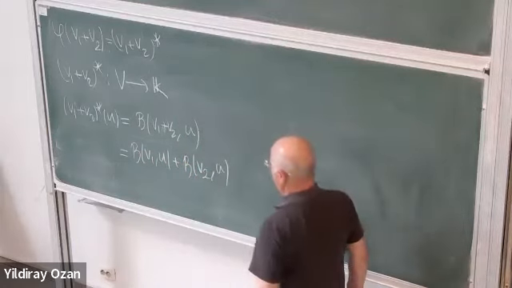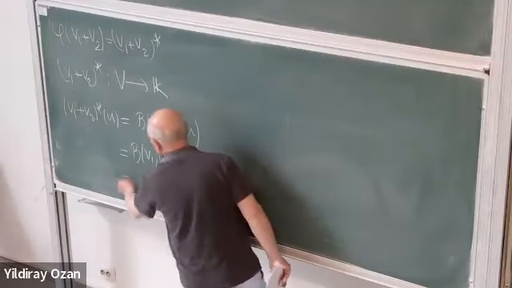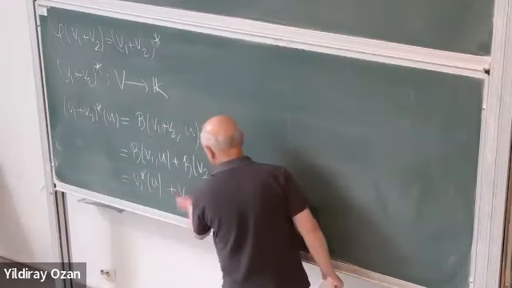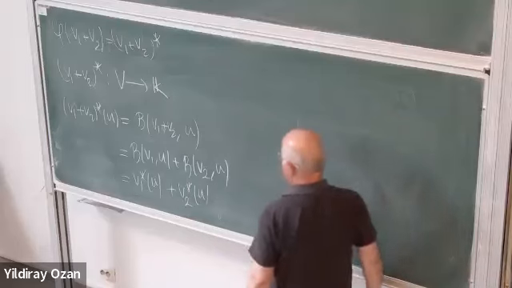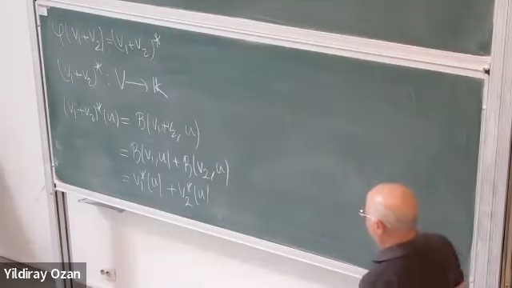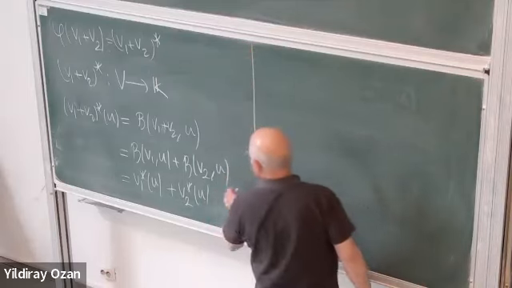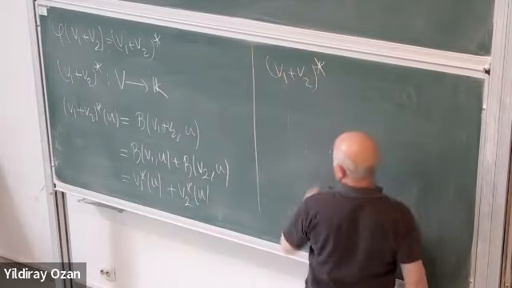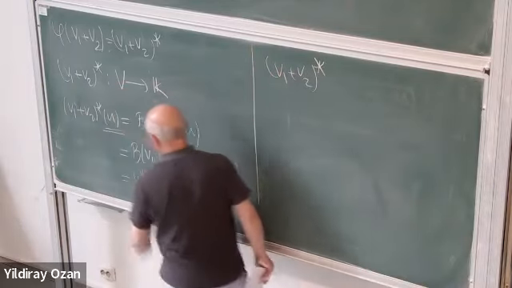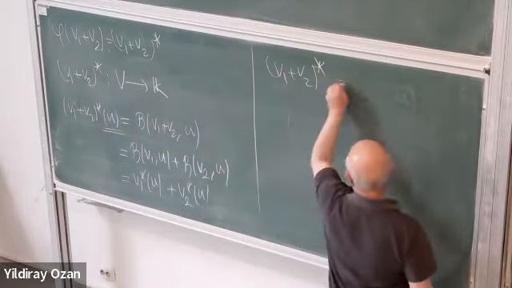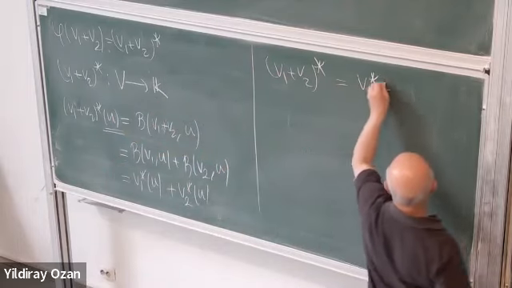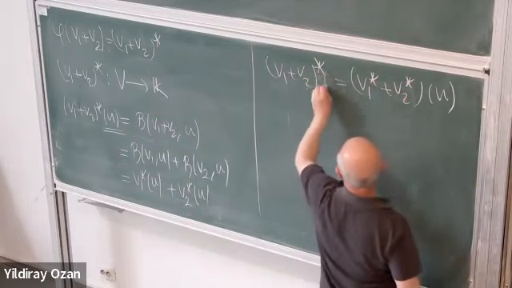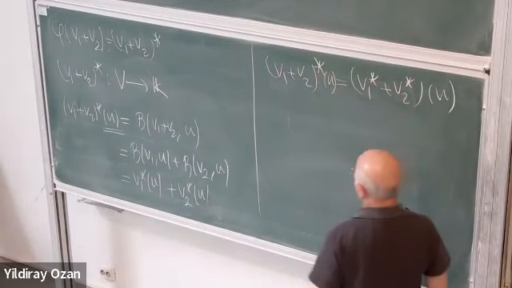What is this? This is just v1 star evaluated on u plus v2 star evaluated on u. So v1 plus v2 star on any element is equal to v1 star plus v2 star on any element.